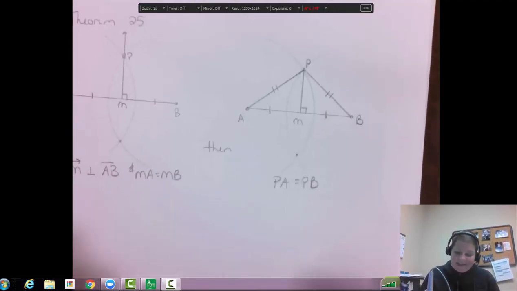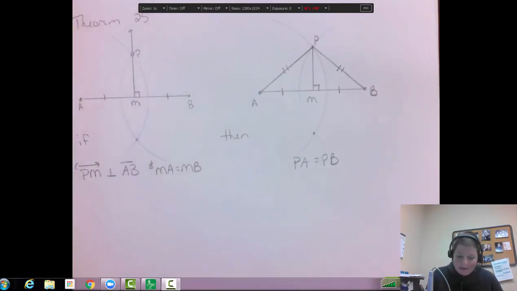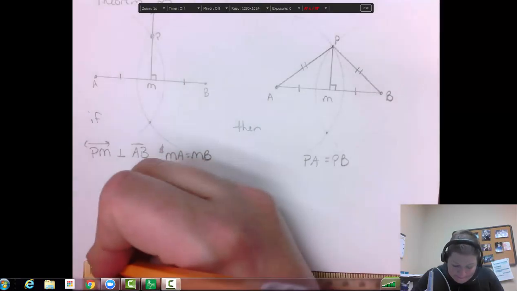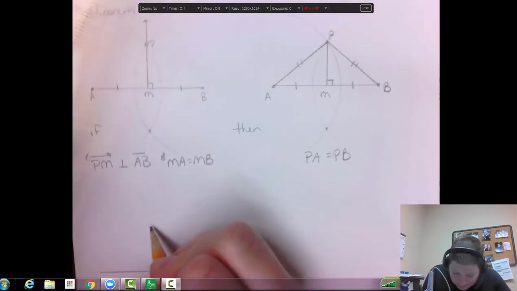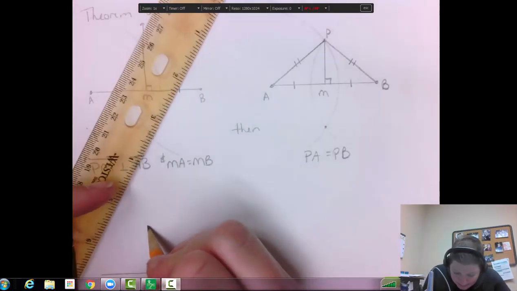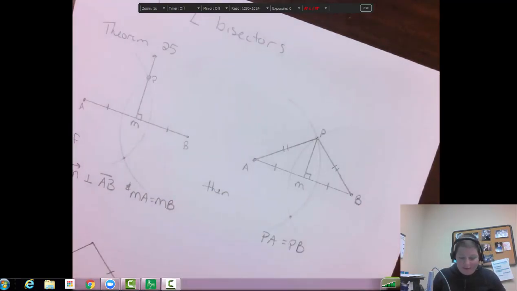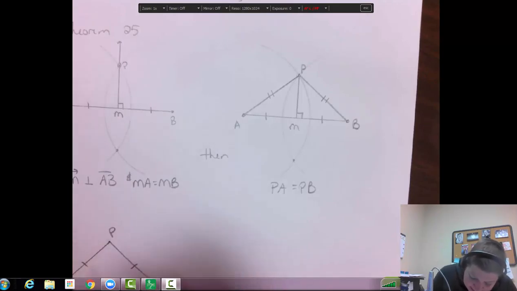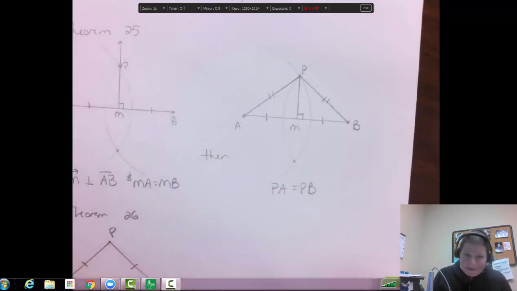Theorem 26 goes the other way. If you have this congruent to this, so if you start out with, I'll still call that P, A, B, and this is theorem 26 for our curriculum.